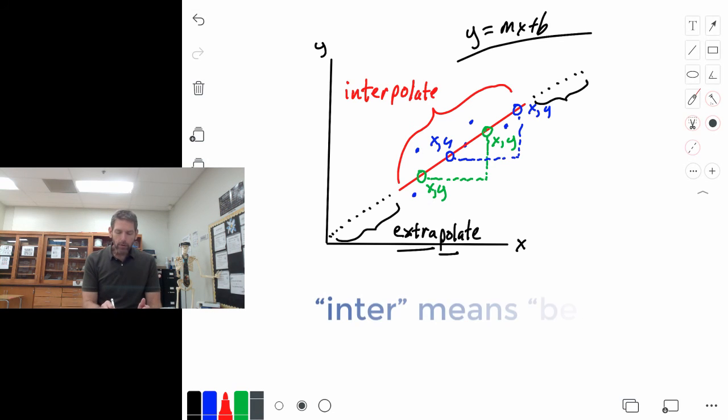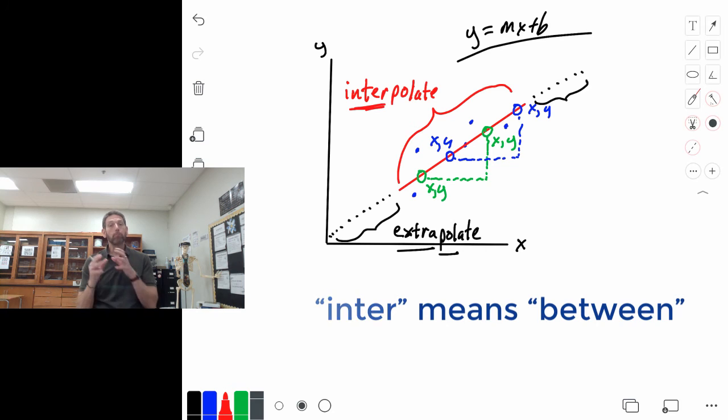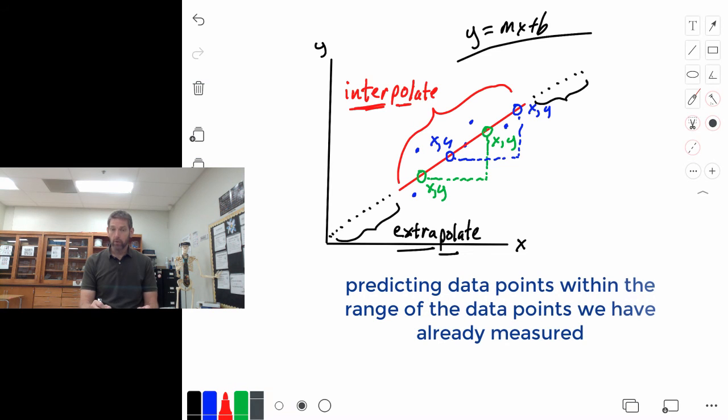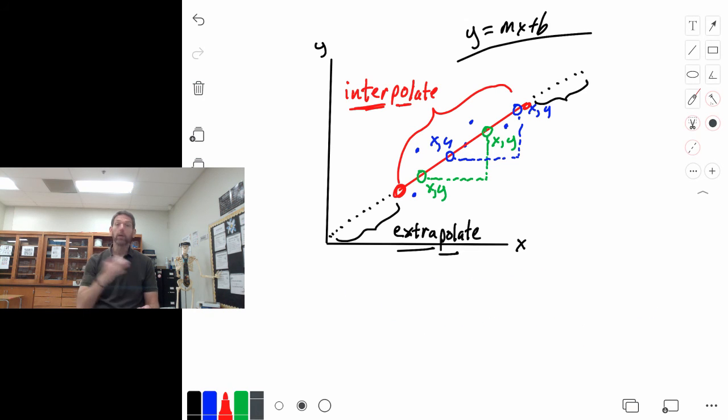So inter means between, like an interstate highway is a road that runs literally between states. It connects between states. And so if we interpolate, we're looking at the points in between, from the very first point we have right down here to the last point we have right up there, and everything in between.